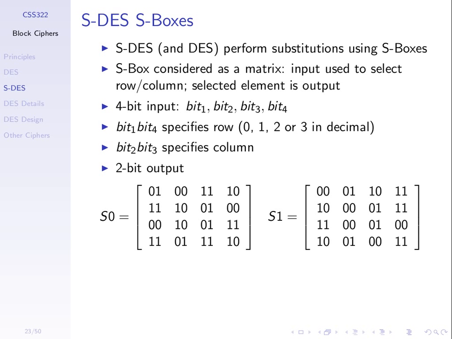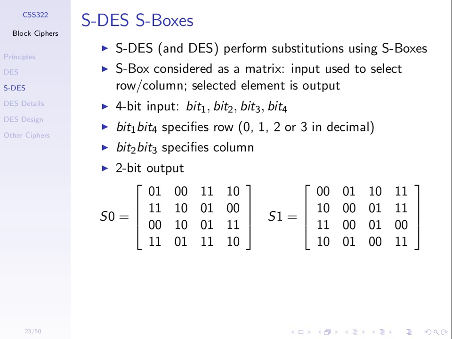So focusing on S0, we have 4 bits in. The way that we interpret this: we have a 4-bit input, bit 1 through to bit 4. Bit 1 and bit 4 specify the row. Bit 2 and bit 3 specify the column. We just do a simple matrix lookup, and the element that we find becomes the output, where we label our columns and rows in binary.